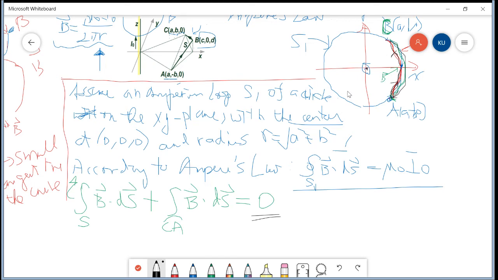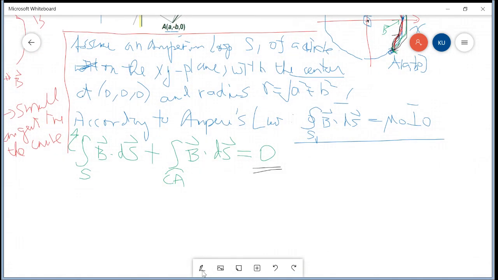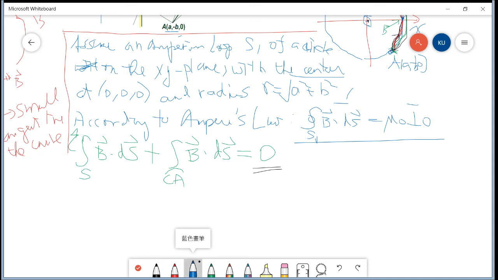And then we can write that B dot ds over S should be minus B dot ds over CA, right? Very simple. So actually we only move this term to the right hand side and do nothing.